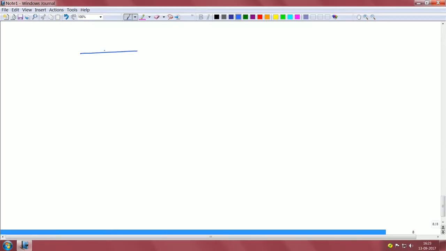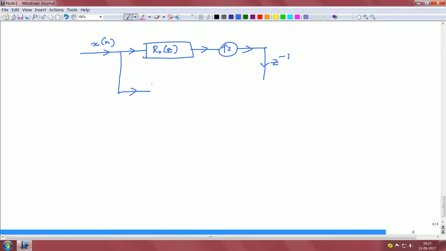So you could start with the signal x of n, you filter this through R0 of z, this is followed by upsampling by 2, there is a delay, then you have R1 of z, another upsampler here, followed by downsampling by 3 and then y of n.